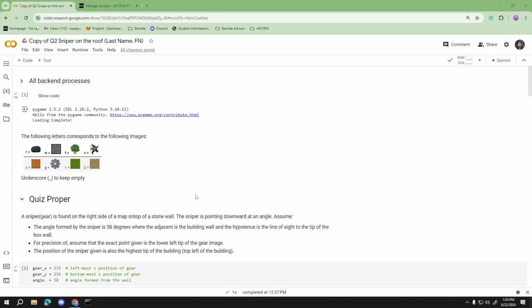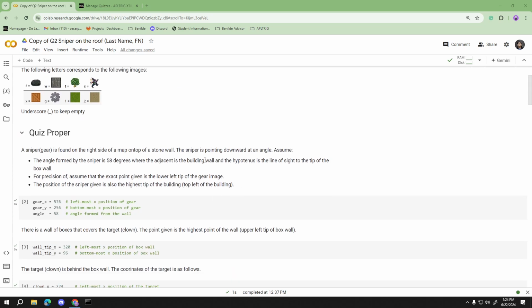So the quiz is about a sniper, right? The sniper, which is the gear, is found on the right side of the map on top of a stone wall, and the sniper is pointing downwards at an angle. Assume the angle formed by the sniper is 58 degrees, where the adjacent is the building wall, and the hypotenuse line is the side of the tip of the box wall.